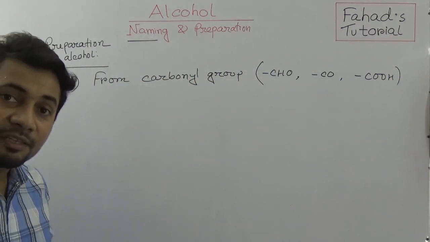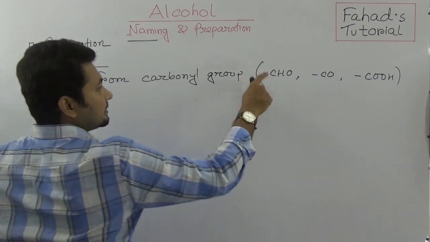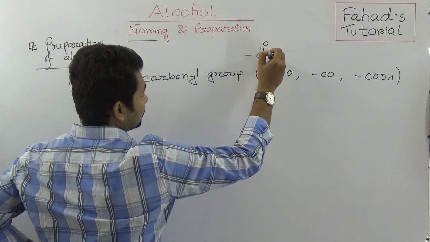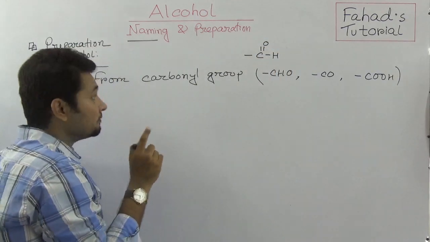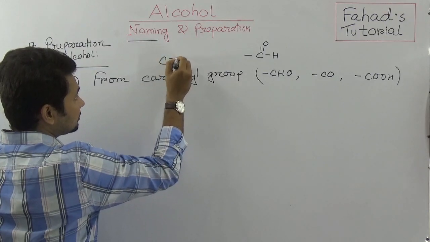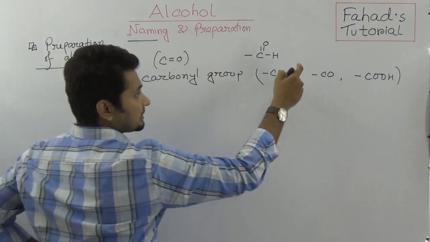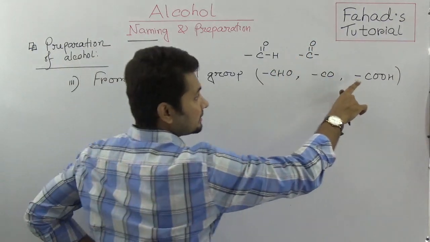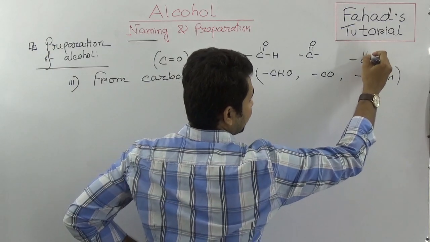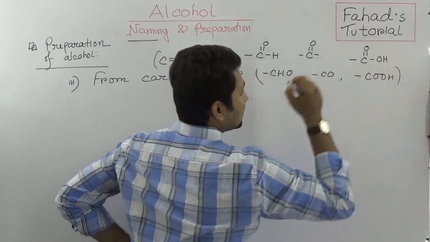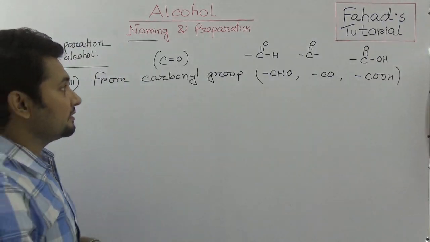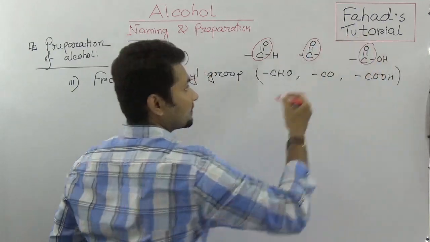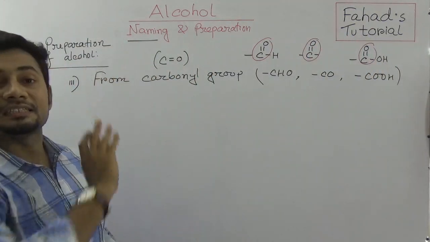Very simple. Why is this the carbonyl group? You see the structure of aldehyde, that is C double bond O, H. So there is the presence of carbonyl, meaning C double bond O is present. So you can see every time there is a presence of C double bond O, in all of these, so you can produce alcohol from these.